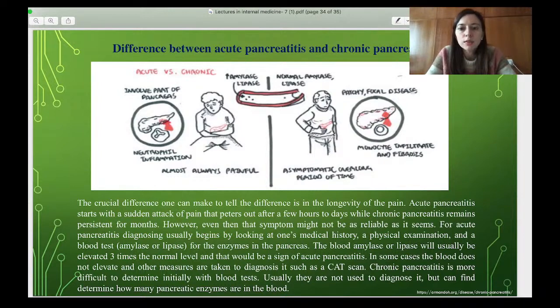In some cases, the blood enzymes don't elevate and other measures are taken to diagnose, such as a computed tomography scan. Chronic pancreatitis is more difficult to determine initially with a blood test. Usually blood tests are not used to diagnose it, but can determine how many pancreatic enzymes are in the blood.